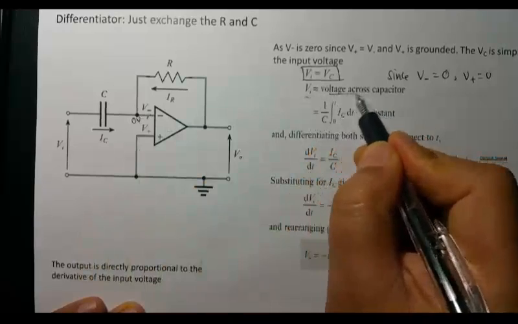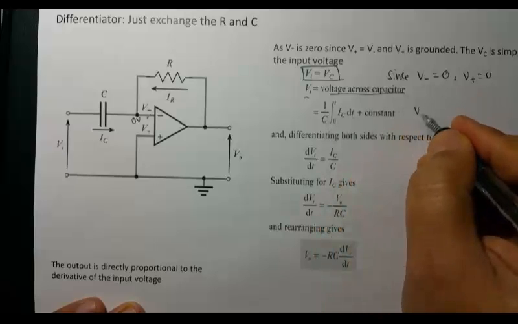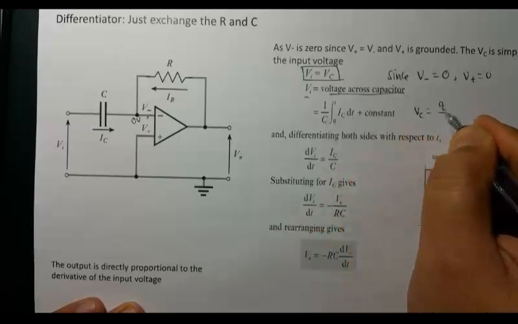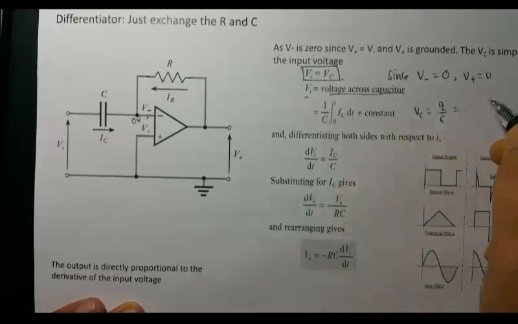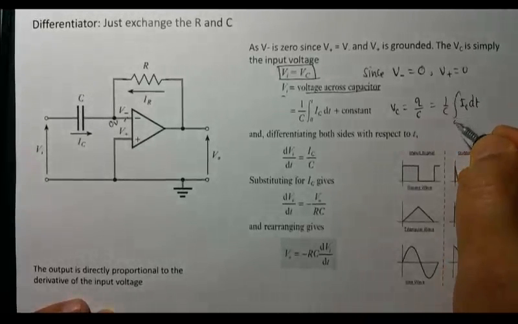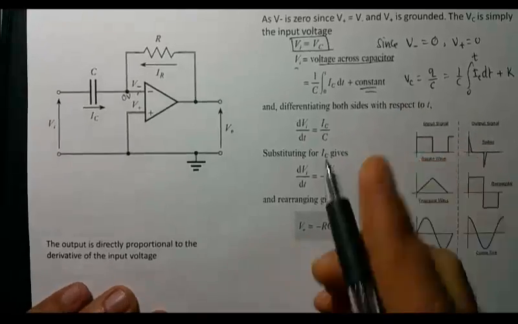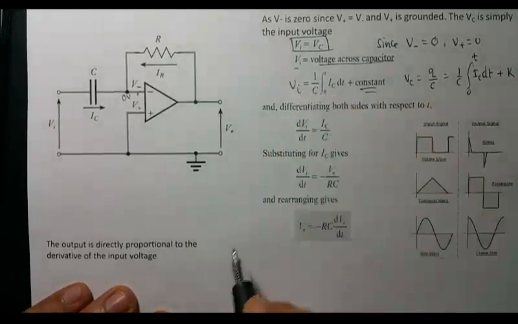So VI is just the voltage across the capacitor, and voltage across the capacitor is Q over C, and Q is the integration of the capacitor current from 0 to the full period, plus some integration constant. And then this is VI.